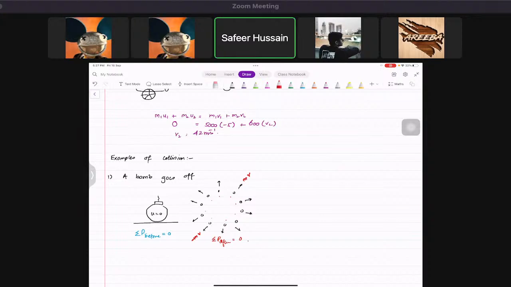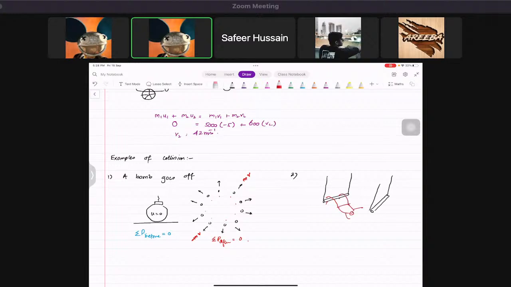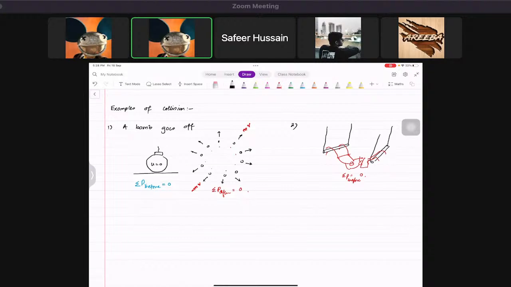Yes, sir. Okay. In the next example, say in a circus, there are two people, right? So right now the sum of momentum, while they're holding hands, before is zero. But when they let go, this guy is going in this direction and this person is going in this direction.